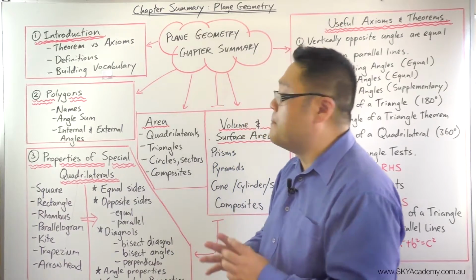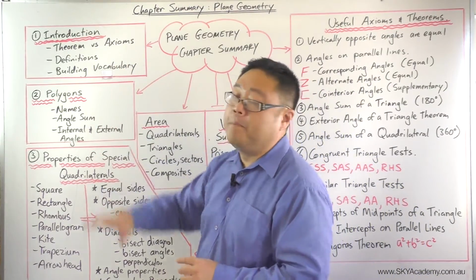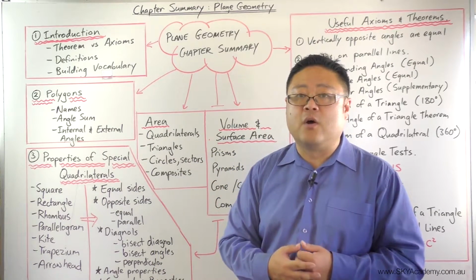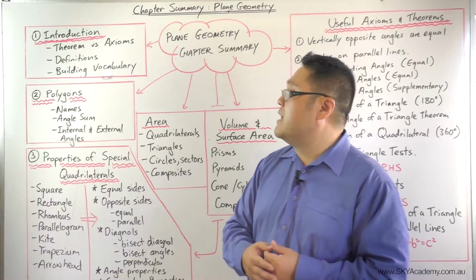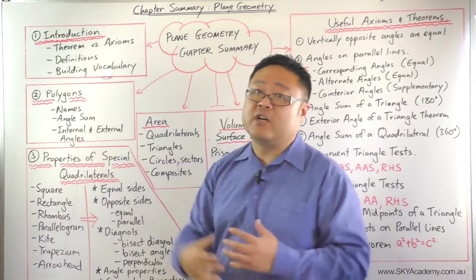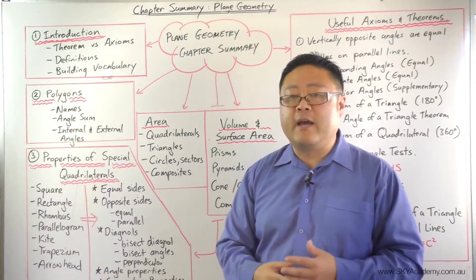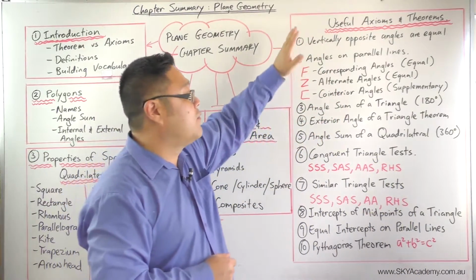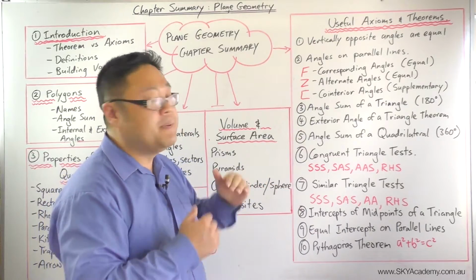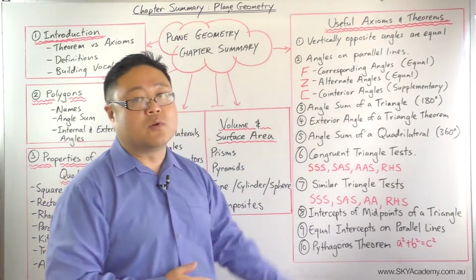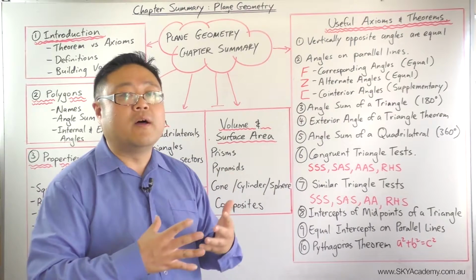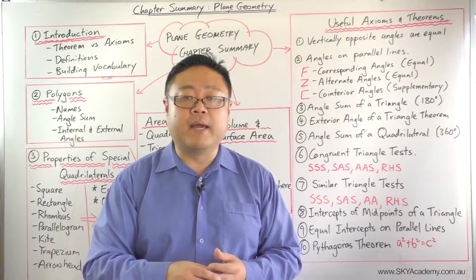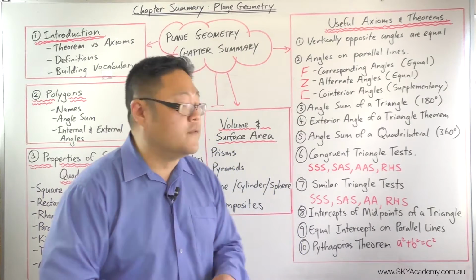Some of it is basic stuff, but we built a fairly comprehensive vocabulary of all the things you need to know, and that was a really good introduction to basic geometry. Now, the next thing we did was go through, episode by episode, each of the theorems or axioms that are going to be useful for us in doing geometrical proofs.